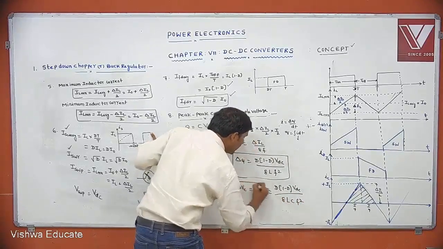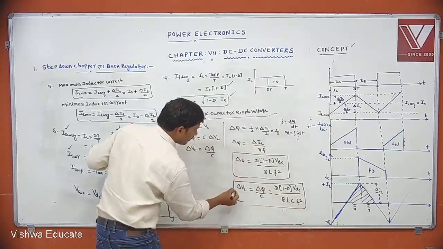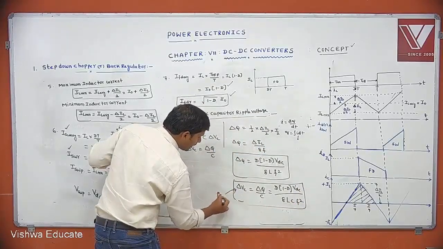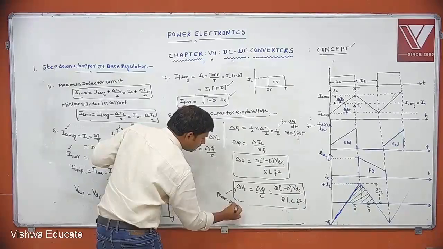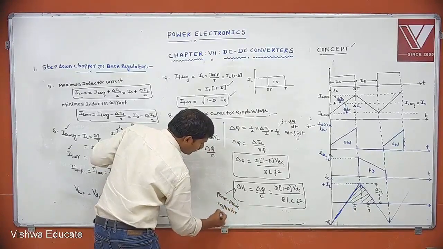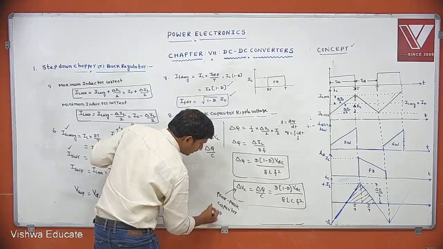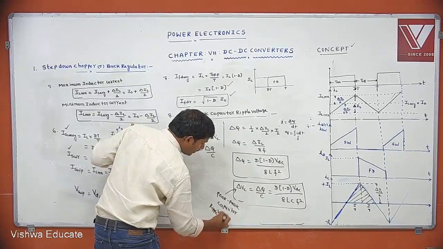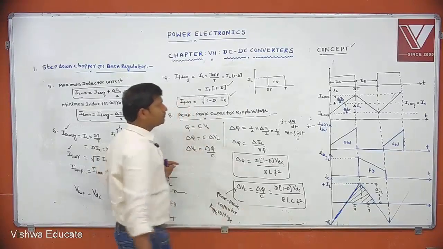This is the peak to peak capacitor voltage, the capacitor ripple voltage.